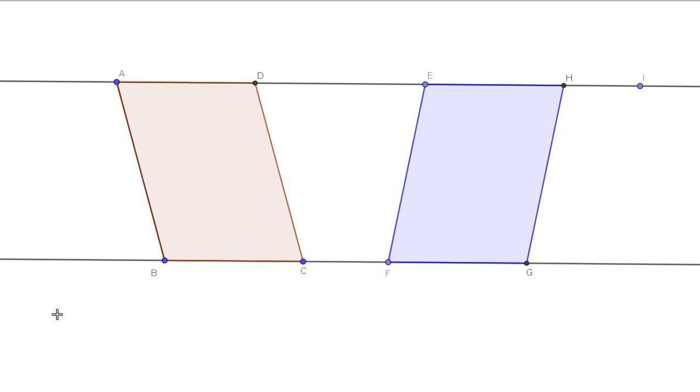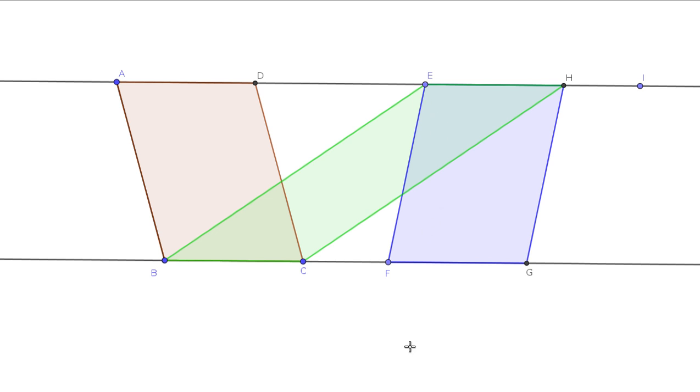So kind of using proposition 35, if we draw a couple of lines, the line between BE and our point CH, then if we knew that the quadrilateral BCHE was going to be a parallelogram, proposition 35 tells us that the area of parallelogram ADCB is going to be equal to the area of parallelogram BCHE, but then also the area of BCHE is going to be equal to the area of FGHE.